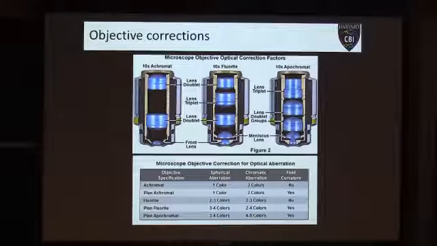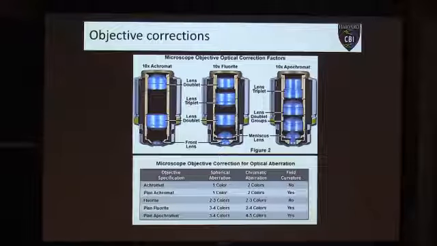All right? And there's a certain nomenclature for this, so anything that says plan should be corrected for flatness of field, and anything that says achromat should be corrected for some amount of chromatic aberration. Usually what you're looking for is one of these plan apochromats.